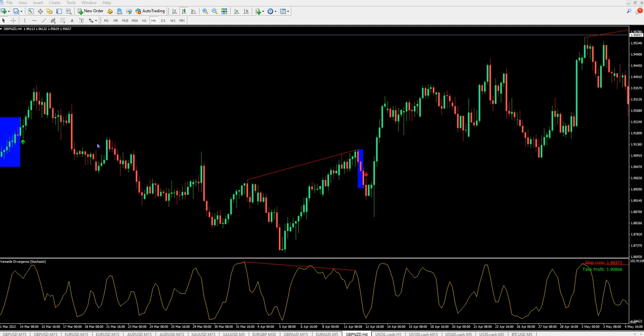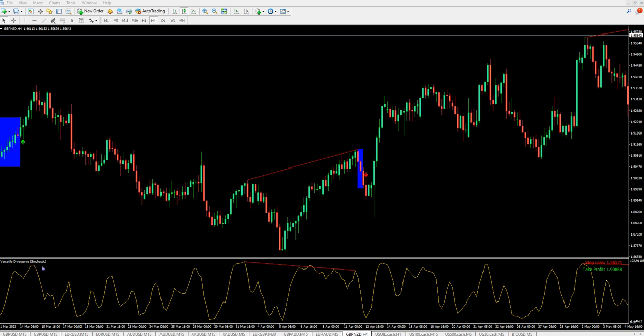Now here I've got the British pound, New Zealand dollar 4-hour chart, and I want to go over another way to read this and look for where divergences take place, and read price action properly in relation to the indicators.